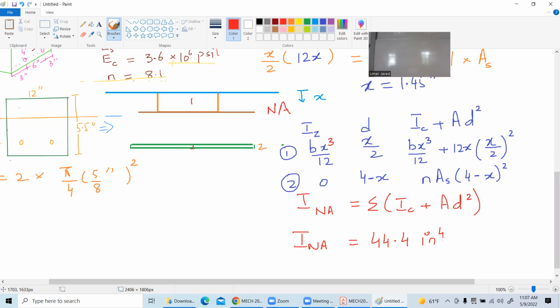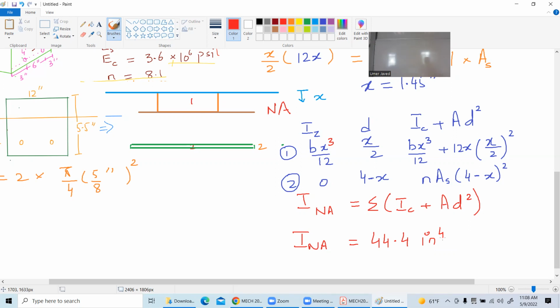I have got the answer to your question again. Let me change it again. Actually, let's talk about y dash. The y dash is from the neutral axis that we are trying to find all the way up to the centroid of the cross section that we are considering. So I will repeat again.